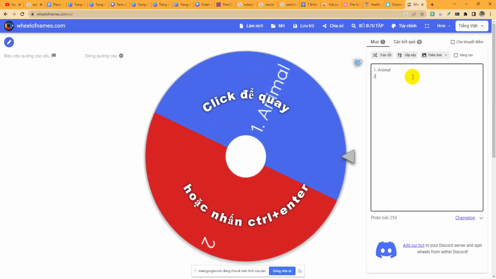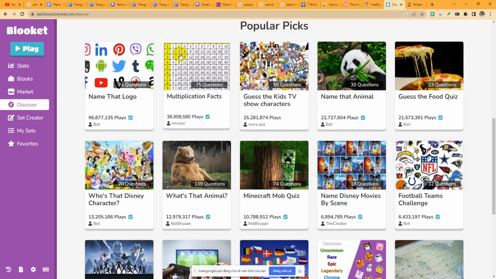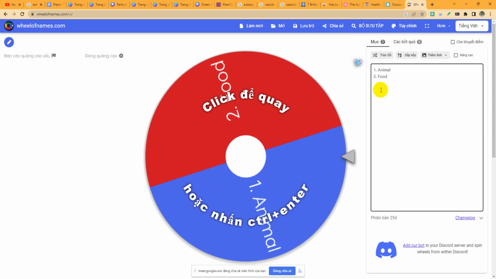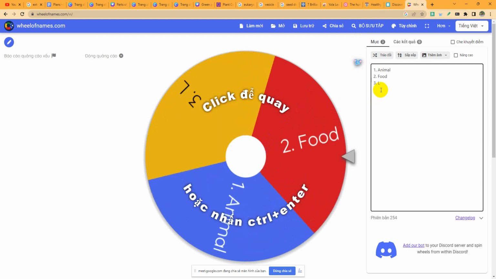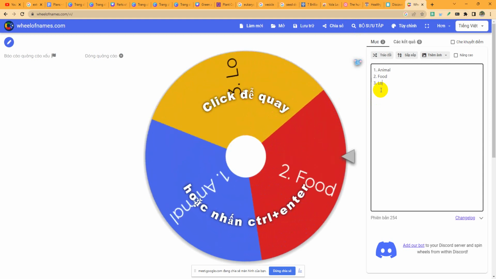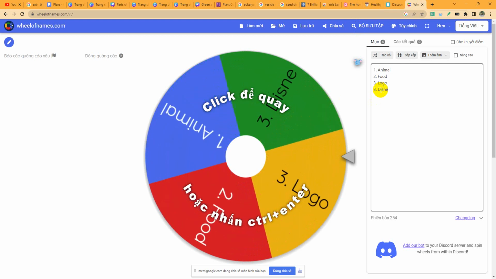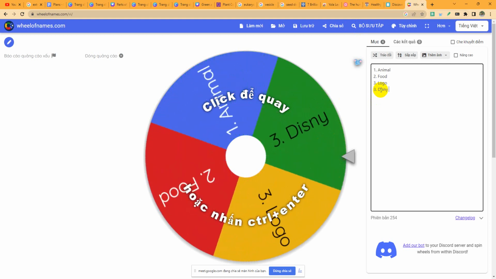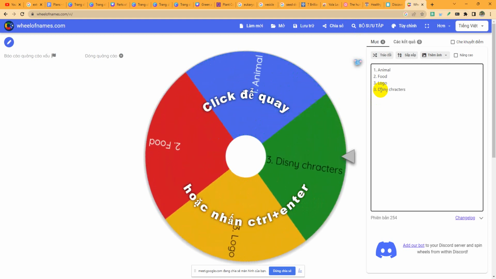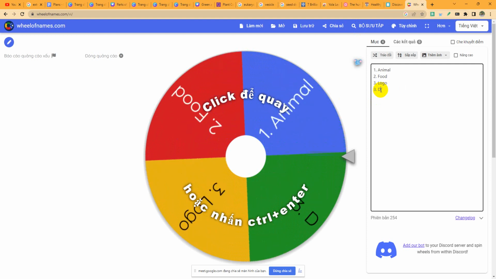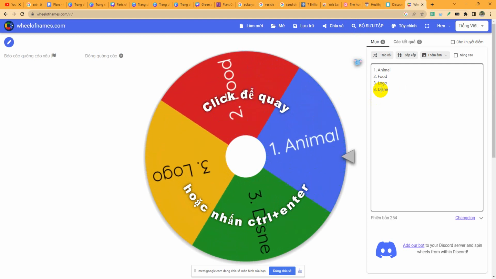What else? Food, I guess. And then we have logo, right? I remember that we did this once. Disney character. Alright. Minecraft. Interesting theme.